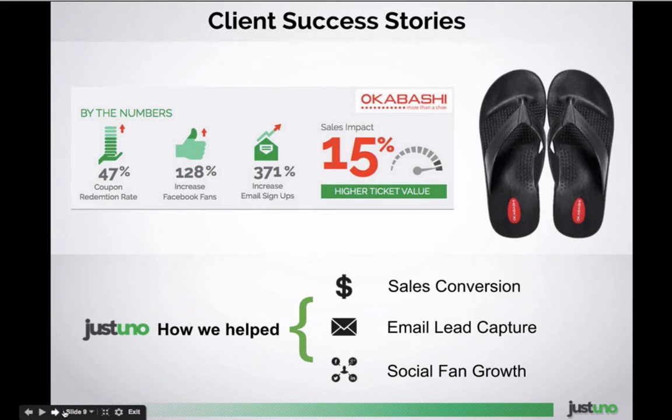So if you're collecting 100 email addresses in a week, and you increase that to 400, in theory, you just added 21 sales over your typical average of 7 sales. I hope that makes sense. So Justuno helps with sales conversion, email lead capture, and social fan growth.